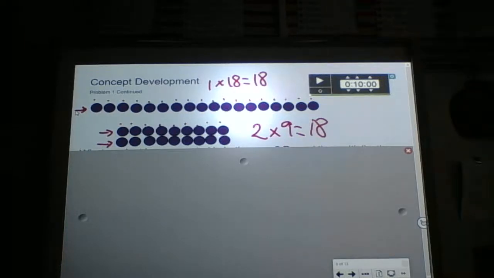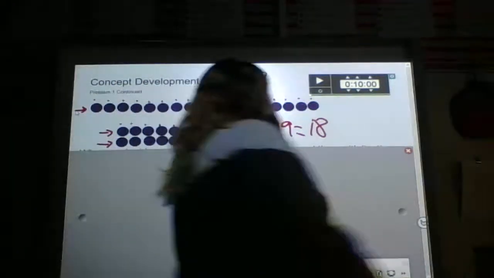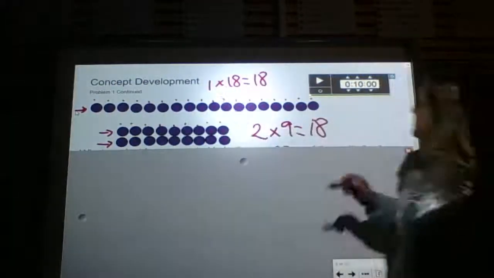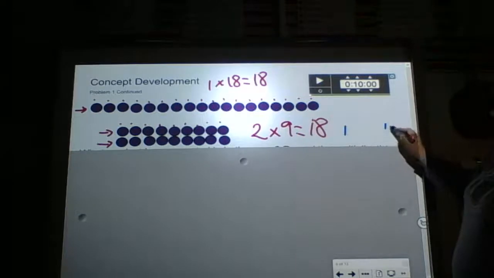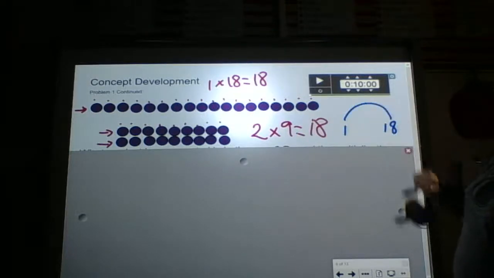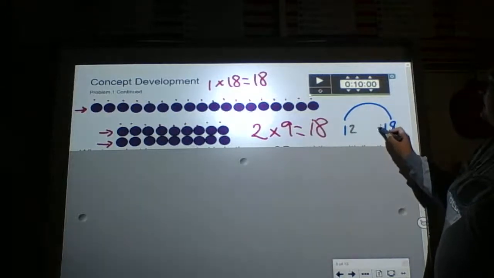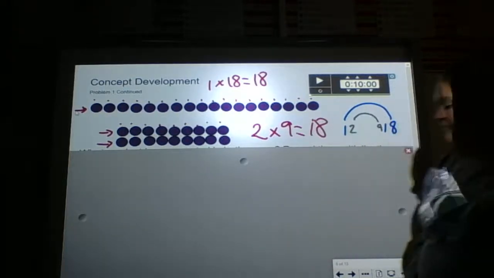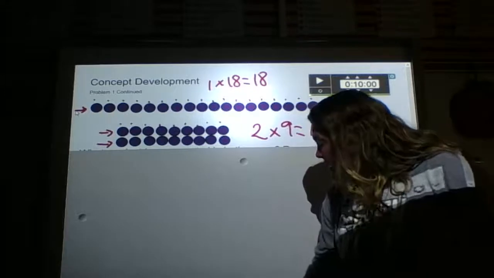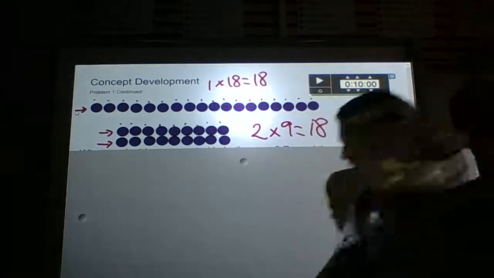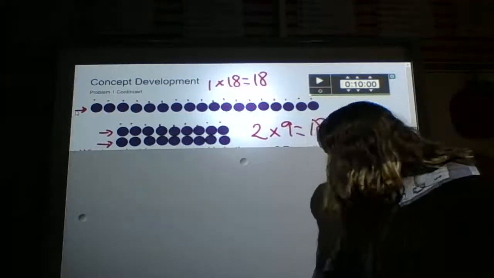Now, if I asked you from looking at this, so what are the factors of 18? Here's what you would do. You would start here and you would say, well, 1 and 18 are factors, right? And then you have 2 and 9 factors. I'm building a factor rainbow. And then I'm trying to see what color I didn't use here.